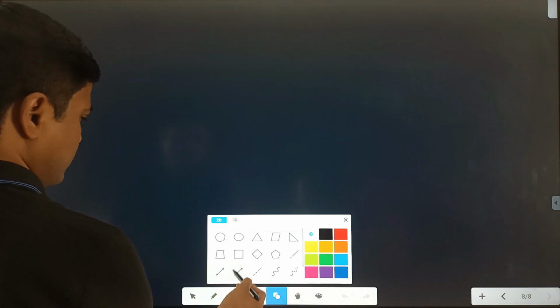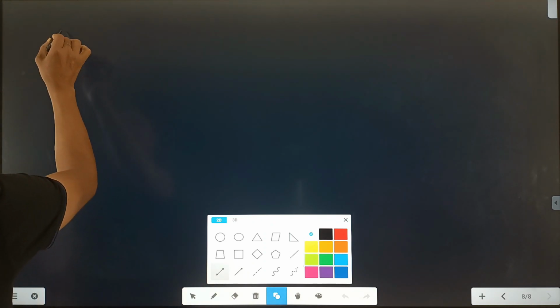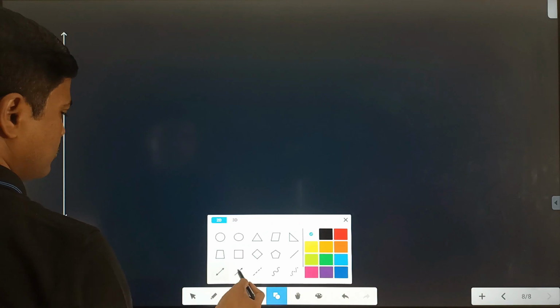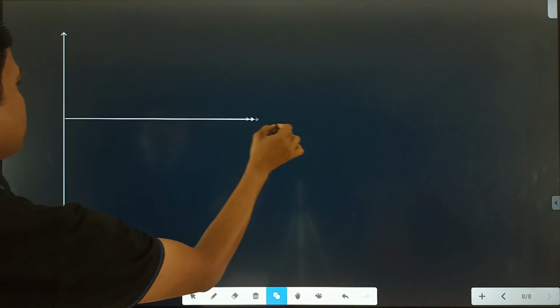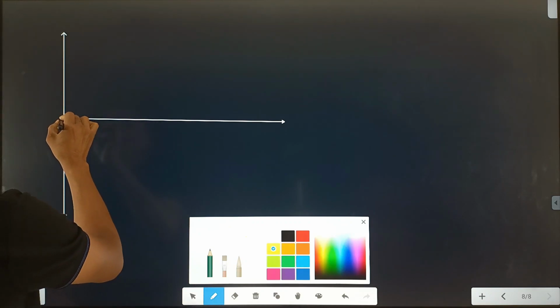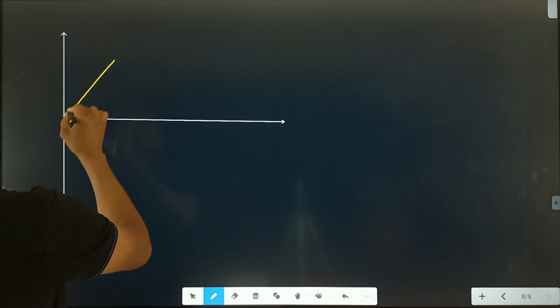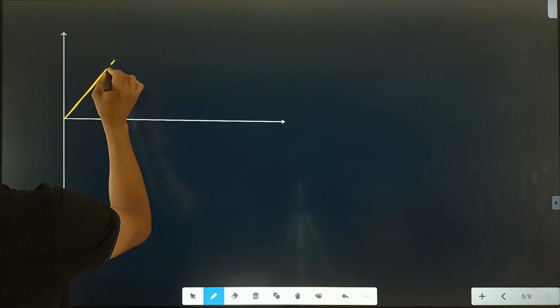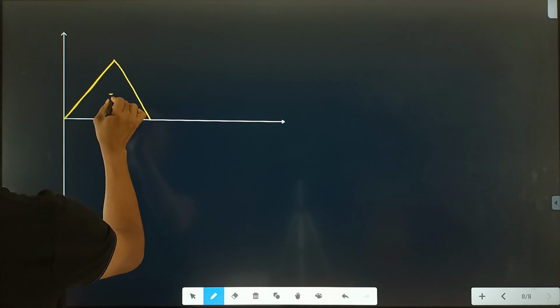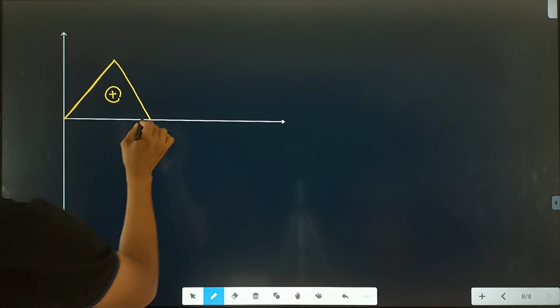Similarly another type is the triangle wave. Here also the same thing. The current's magnitude is gradually increased, and this is the maximum value. Again it decreases and is situated on the positive side.